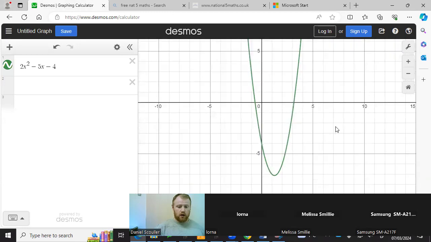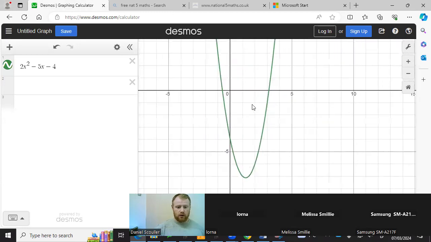Then you can see now, hopefully on your screen, that it cuts the x-axis. And those are the two answers that we hopefully got, 0.64 and 0.314. So the nature of the roots are that they exist, it cuts the x-axis, and they're distinct.